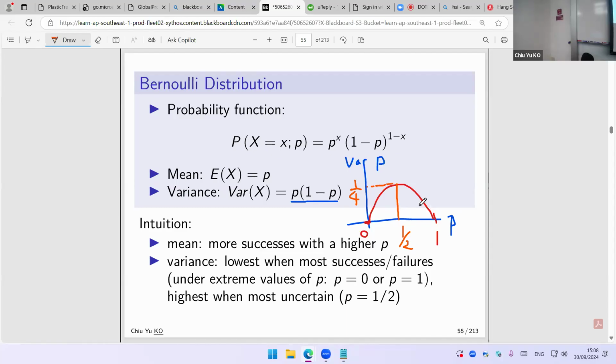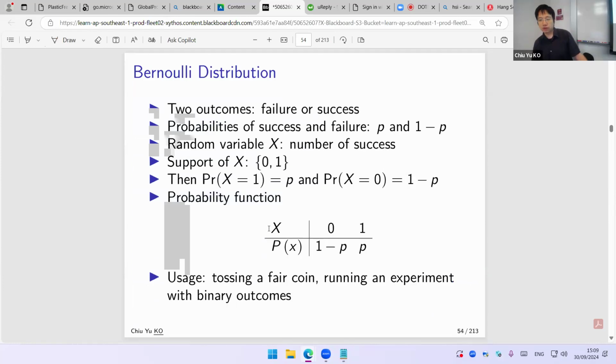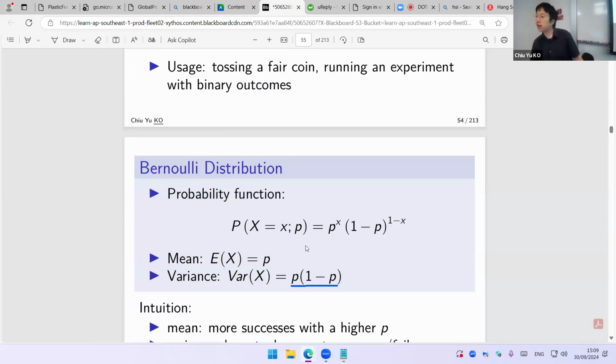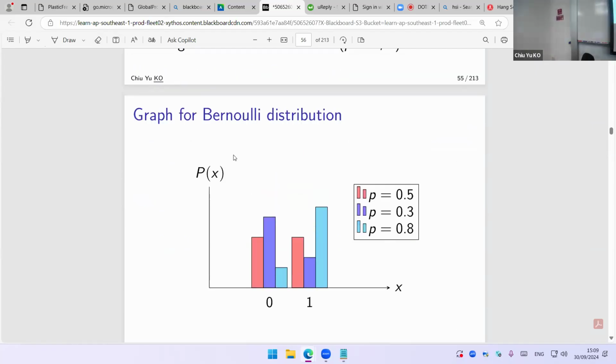This is how we learn random variables: we give you some definition, what the P looks like, what properties they have, and how to apply it. So far, we cannot apply it because this is still so simple. Now, you can draw a graph like this. If P is 1/2, it looks like this. If P is 0.3, it looks like this. If P is 0.8, it looks like this. But there's nothing new here.